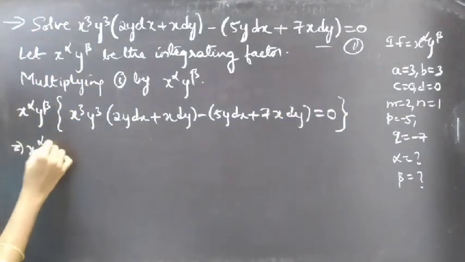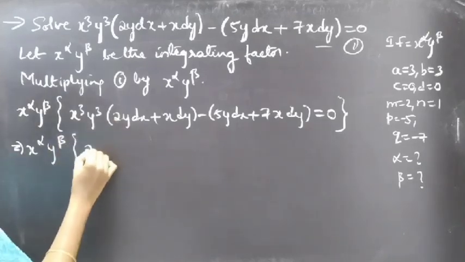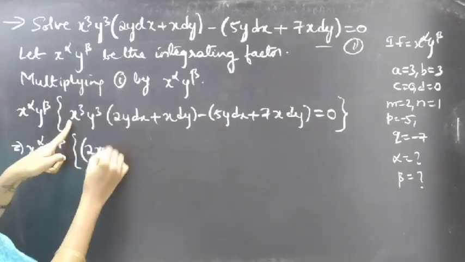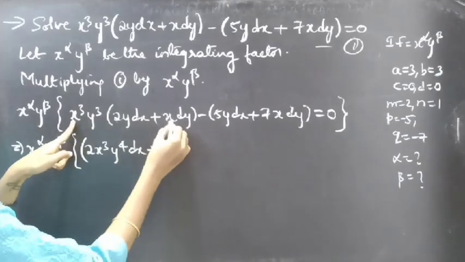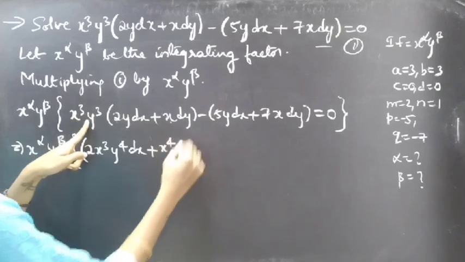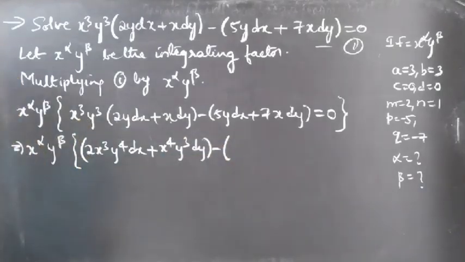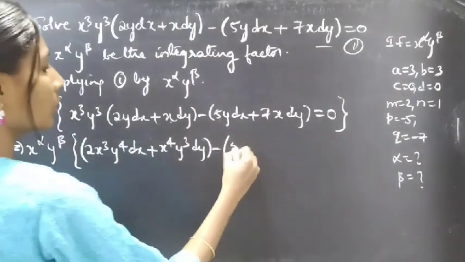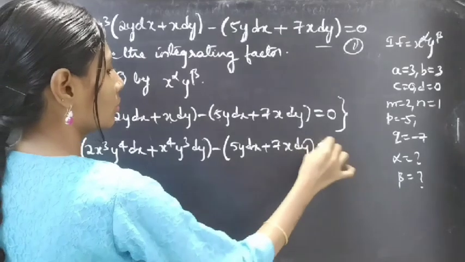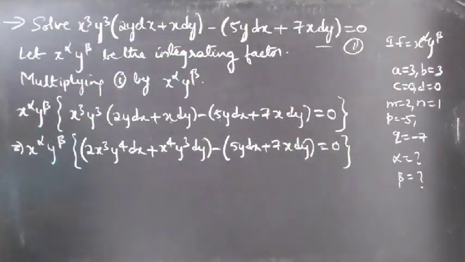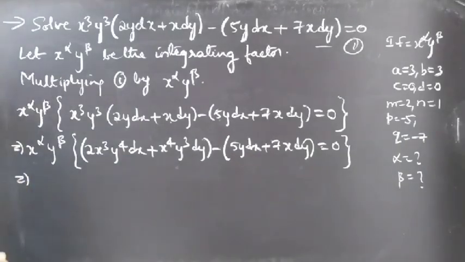This gives us x power alpha y power beta into 2x cube y cube into y power 4 into dx plus x cube into x power 4 y cube dy minus of same thing 5y dx plus 7x dy equal to 0, right? Now multiply these two terms by this x power alpha and y power beta.